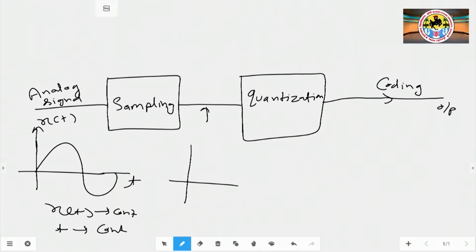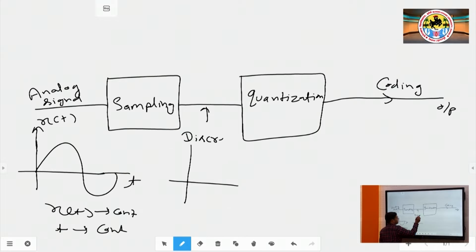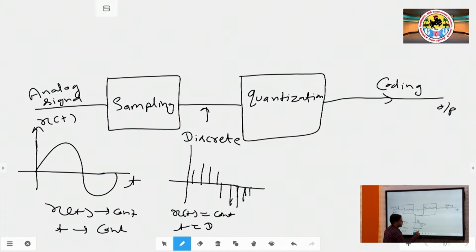We convert the discrete signal into small packets. So in the discrete signal, the amplitude of the signal is continuous, but the time is discrete.